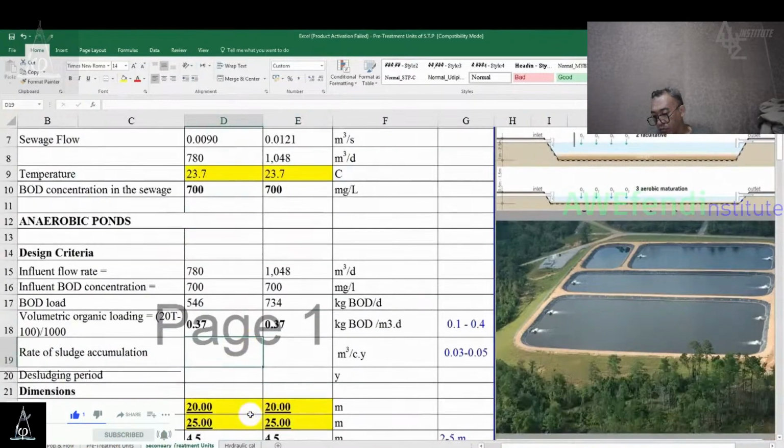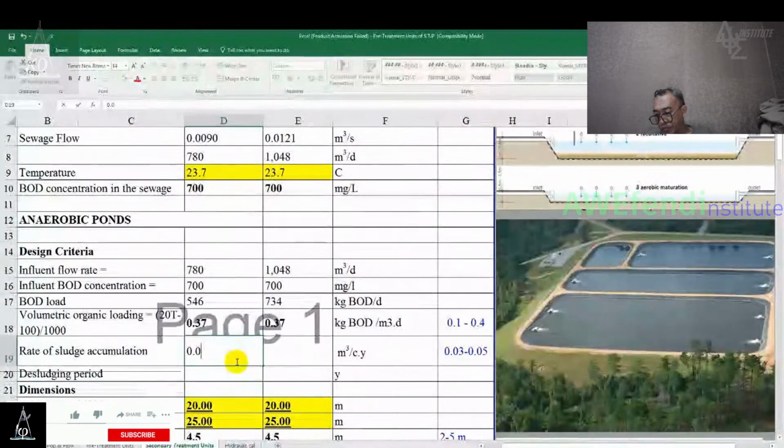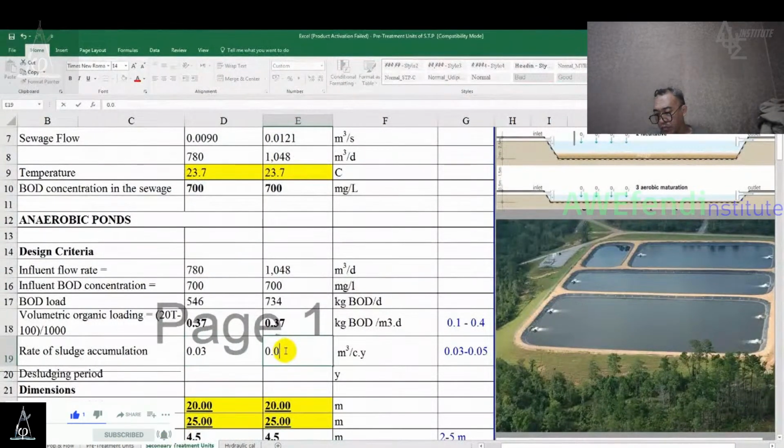Rate of sludge accumulation, the range is 0.03 to 0.05 cubic meter per capita per year. We can assume any figure from this range, 0.03 for example, and 0.03.